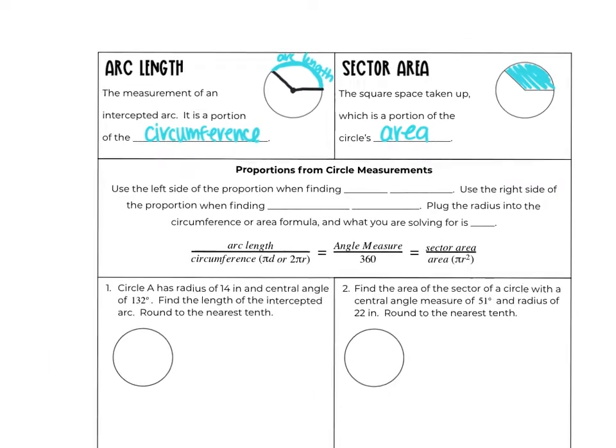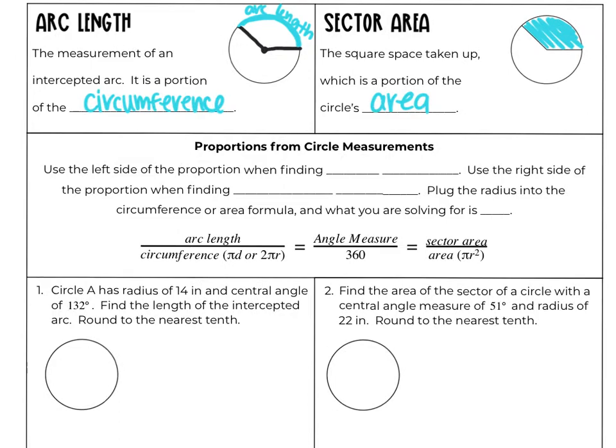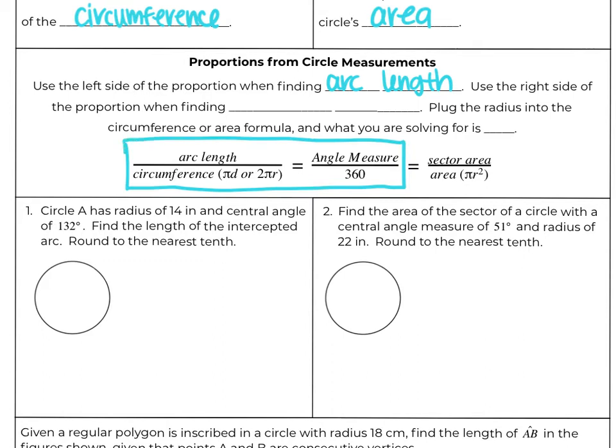All right, so we're going to use a proportion to solve these types of problems. If you look at this long proportion here, you're using the left side of the proportion when you're finding arc length. By left side, I mean I can't only use this. I've got to use this and the middle because it still needs to be 2 ratios, which is enough for a proportion.